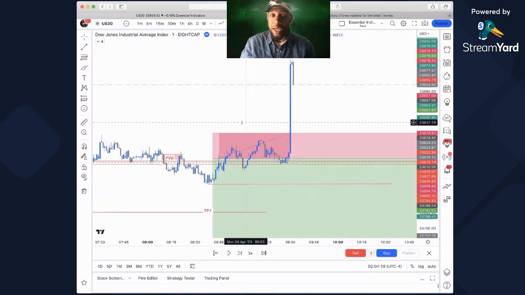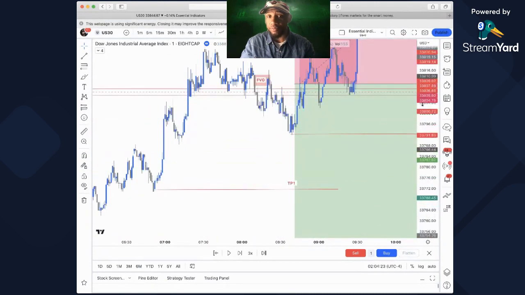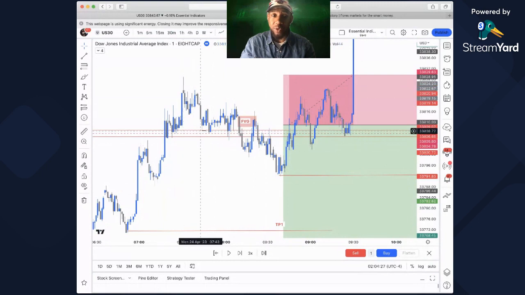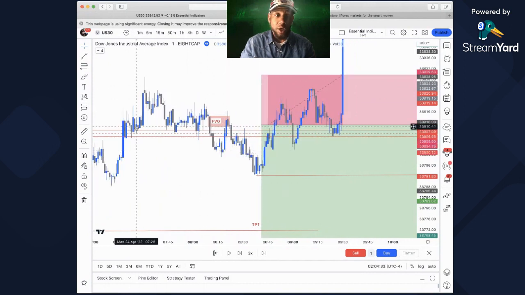Okay. But now if I look at it on the other side, because I went back and looked at it, I looked at buy side liquidity getting taken out, then a break of structure. All right. So, I was right with the setup. But now you also have buy side liquidity being taken out here.